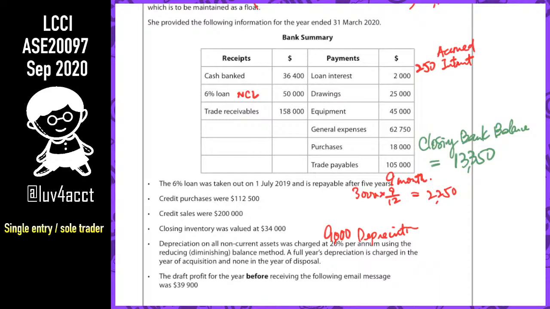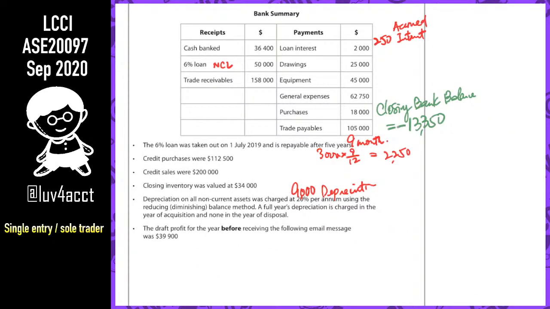So if the closing balance is negative 13,350, then the interest on the bank overdraft would be 13,350 times 6%. That is 801, and this is to be paid by the end of the first month of the second year. That means it is an accrued interest as well.